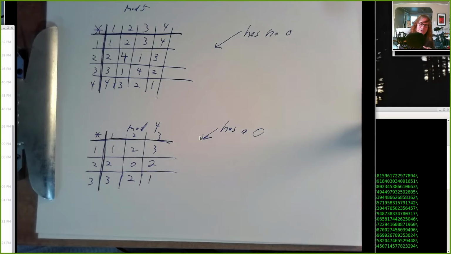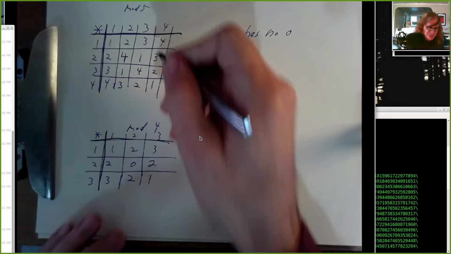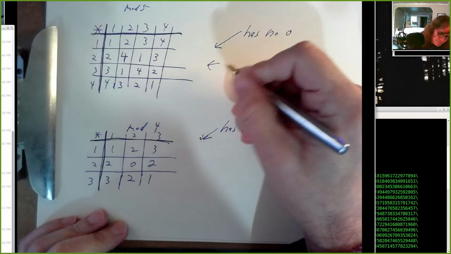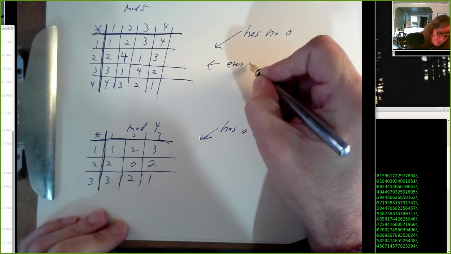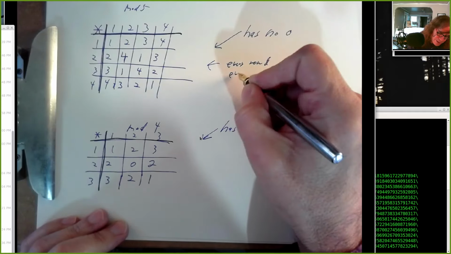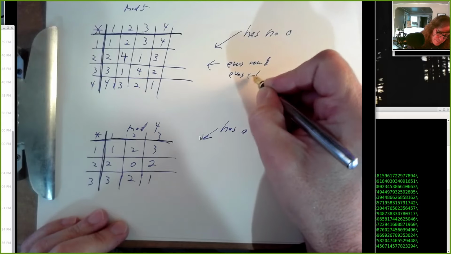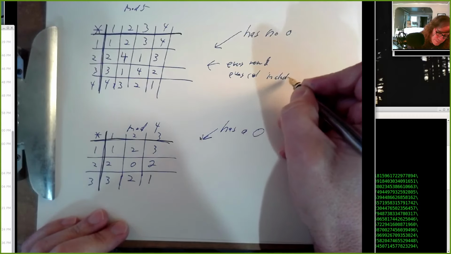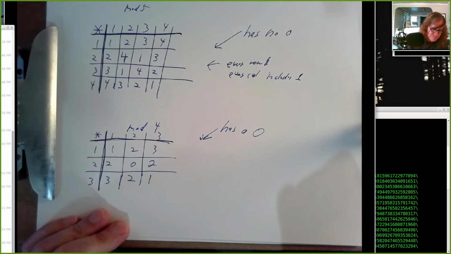And that's actually related to another subtler observation about these, which is in this table, every row and every column includes a 1.